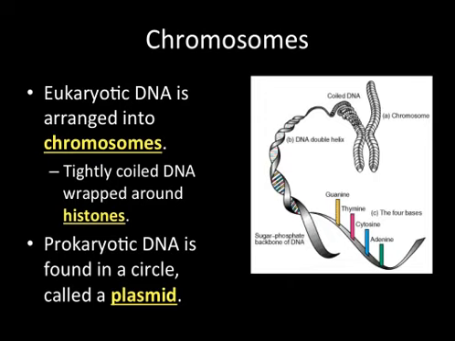So much like a hose, it has to be wrapped tightly in order to fit in the space that's required. The DNA is tightly wrapped around proteins called histones, and these histones act kind of like the wheel that the hose wraps around. Prokaryotic DNA is a little bit different because it's simply found in a circle known as a plasmid. Remember that prokaryotic cells are not nearly as complex as eukaryotic cells, so they don't have quite as many functions or features as a eukaryotic cell would.